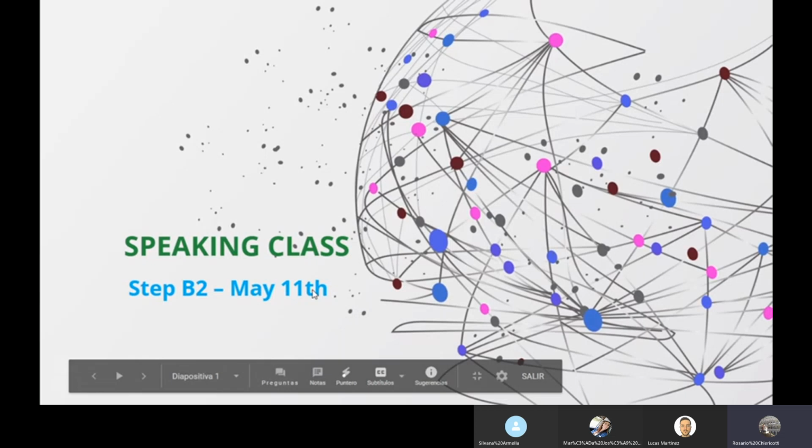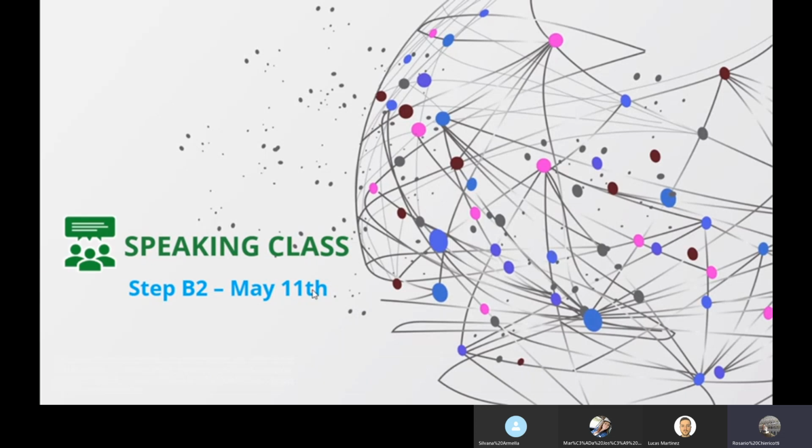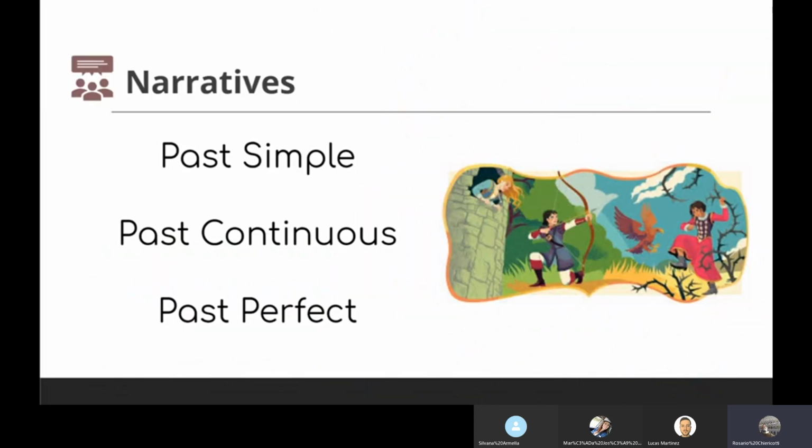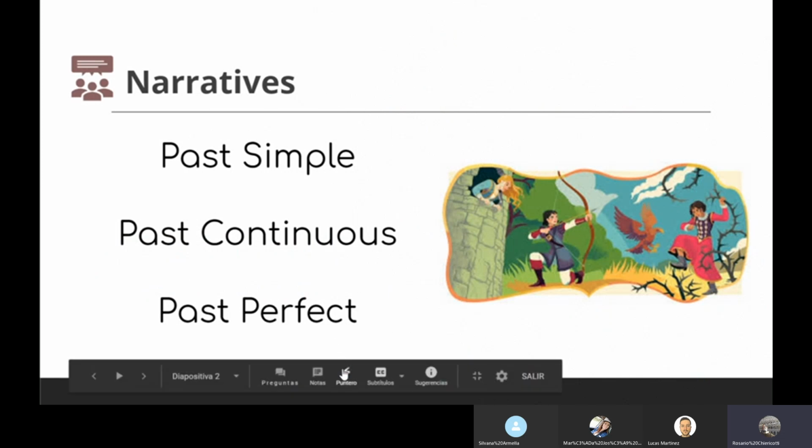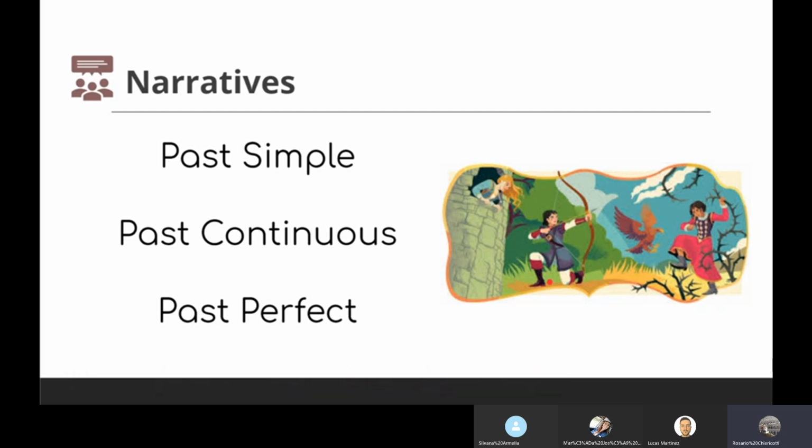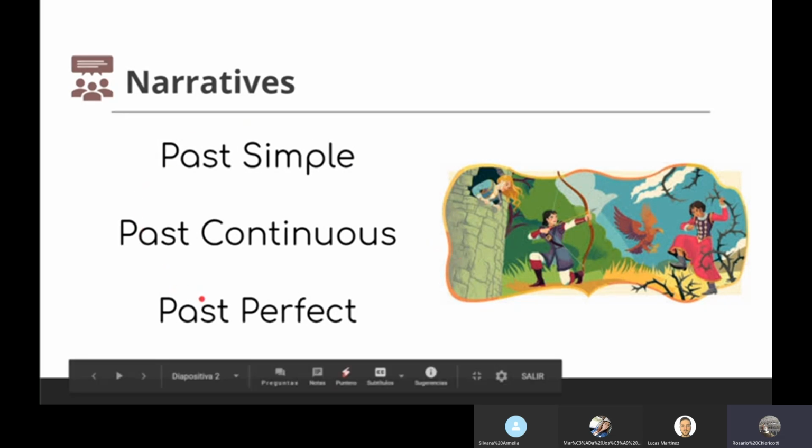Okay, let's start. When we want to retell a story, a film, a book, whatever, or something that we experienced, we need to use these tenses. This is grammar, super boring, but necessary.